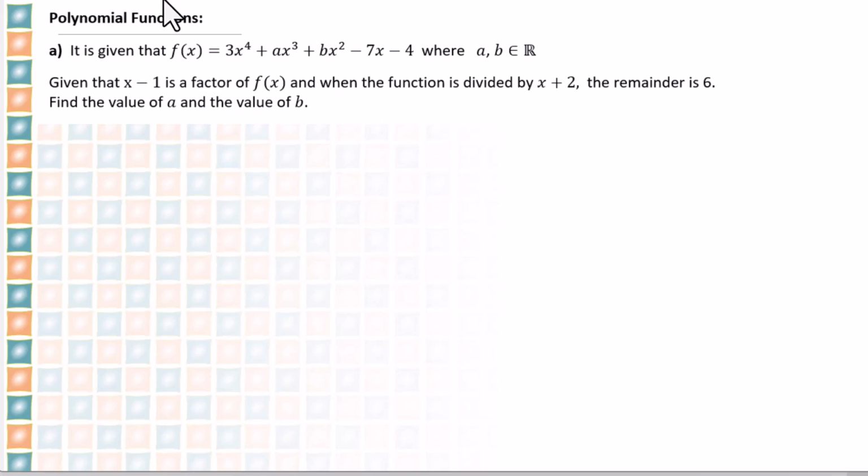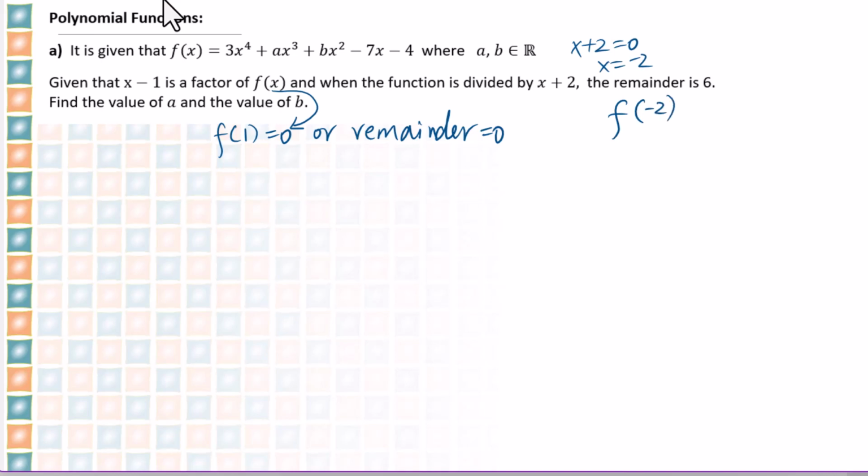Given that x minus 1 is a factor of f of x, this means f of 1 equals 0, or remainder equals 0. When the function is divided by x plus 2, the remainder is 6. X plus 2 equals 0, x equals negative 2, which means f of negative 2 equals 6.